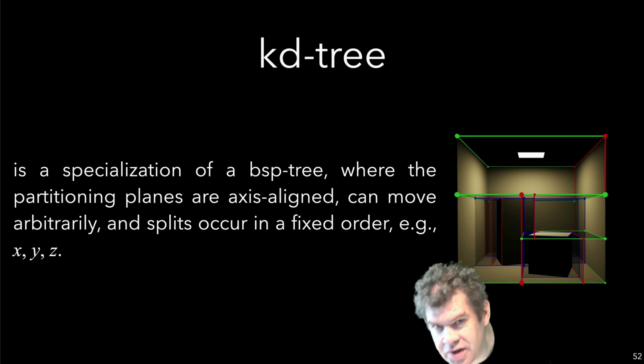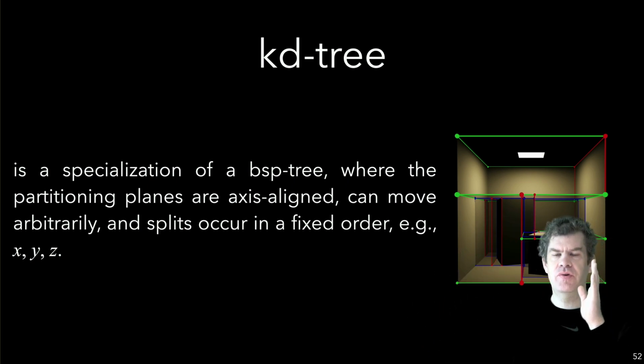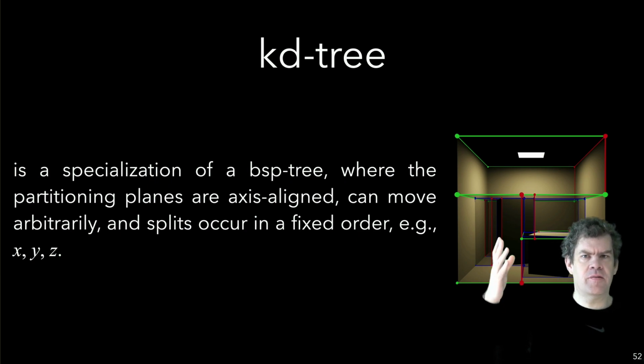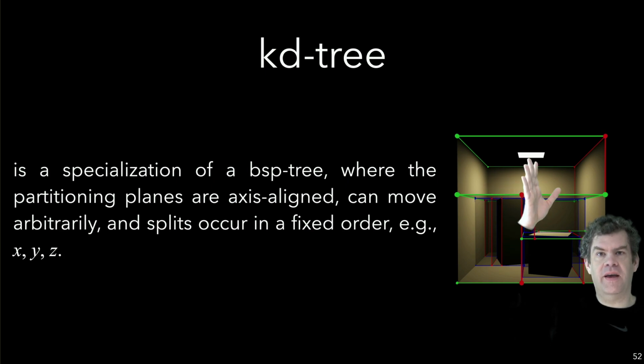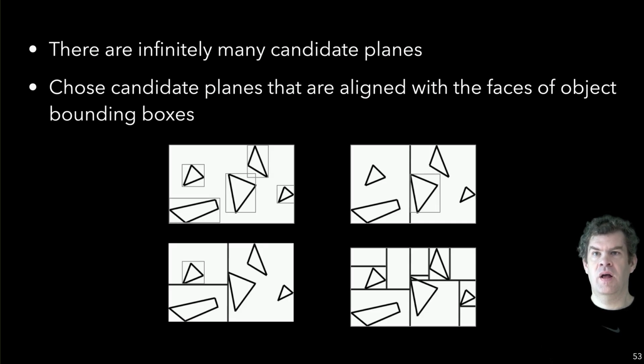There are different variations of the theme. For instance, you could say it's always going to be X, Y, Z, X, Y, Z, or you can say I can do an arbitrary number of split planes perpendicular to the x-axis or not. We'll just say here it's always X, Y, Z. And here's an example of a scene being split up into a number of different parts.